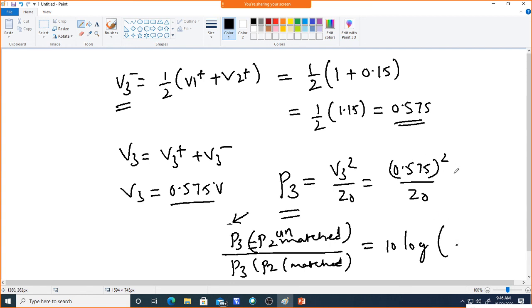We need to find out the value of this one and put it here. 2.5 milli. So that is 0.25 something it is coming. Is it 0.25 into 10 power minus 2? Similarly for the unmatched case, you find out this value and put it here.